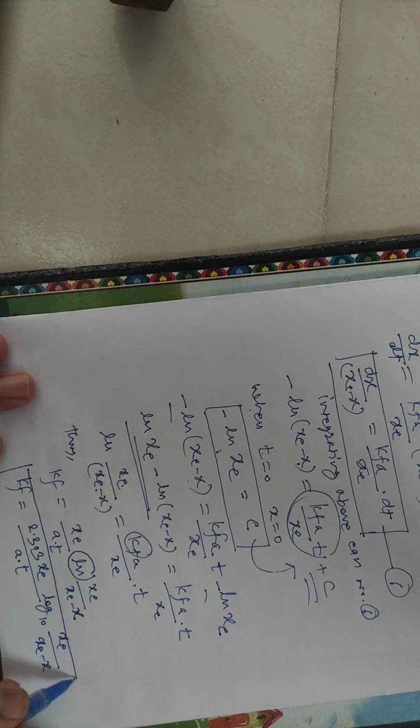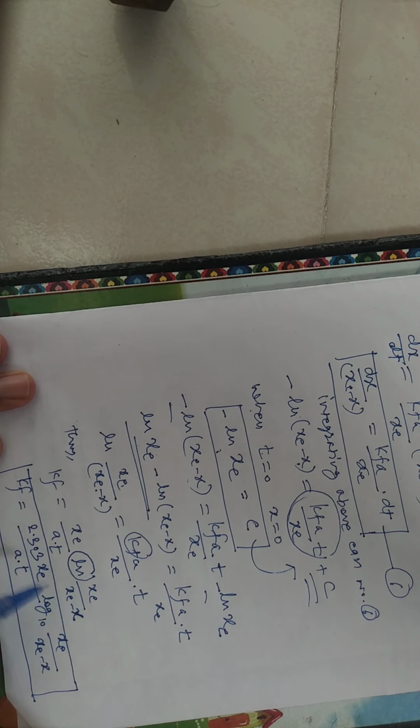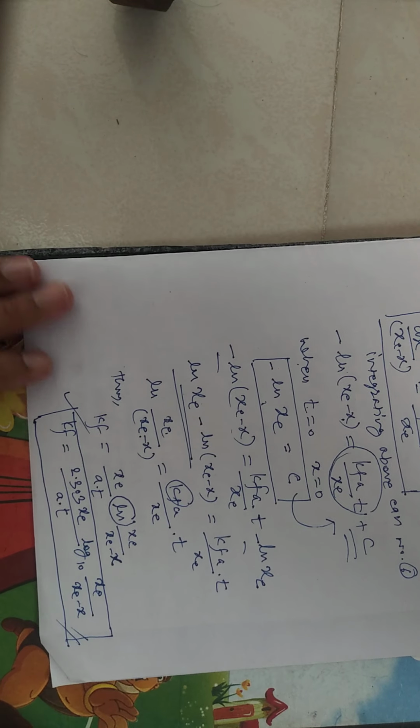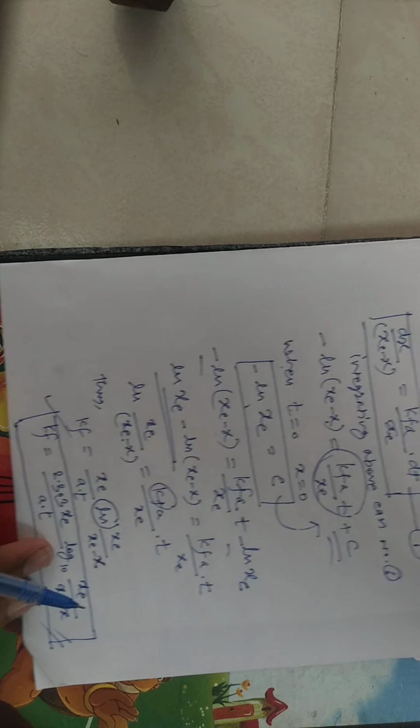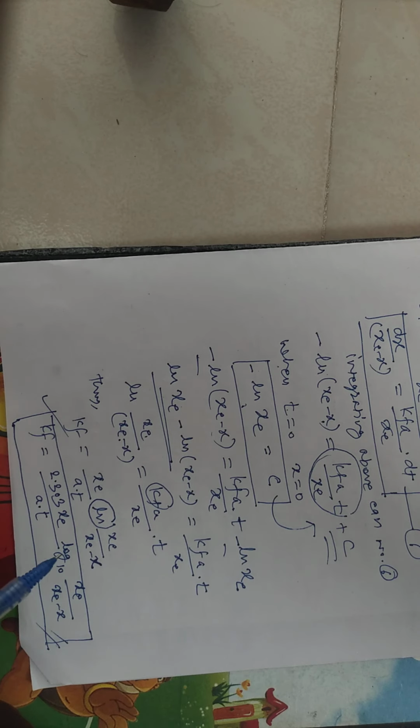So this is the final equation for a first order reaction opposed by a first order reaction. In this way you can derive the equation for the first order reaction, in which we have studied the opposing reaction, that is the first order reaction opposed by the first order. The remaining part we will see in our next lecture. Thank you.